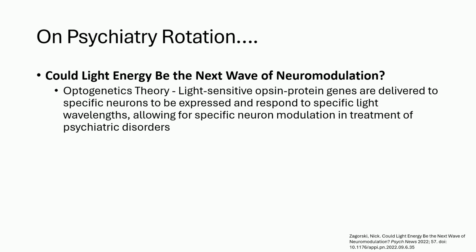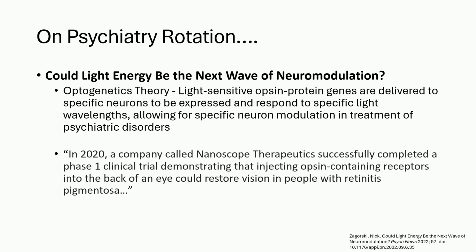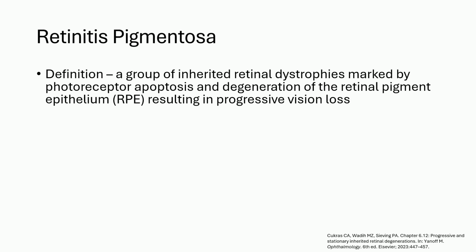But me having an ophthalmology interest, I also noticed that they referenced this company called Nanoscope Therapeutics that was using a similar technology to try to treat retinitis pigmentosa. And so I wanted to find out more about what this company was doing. But first, just to quickly review retinitis pigmentosa.